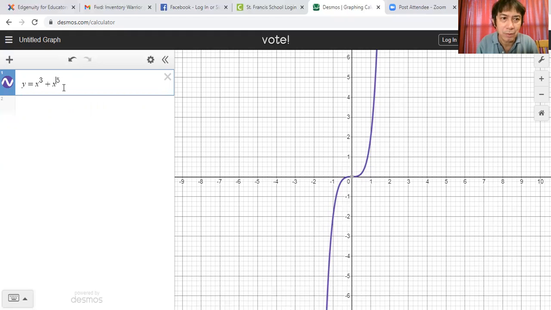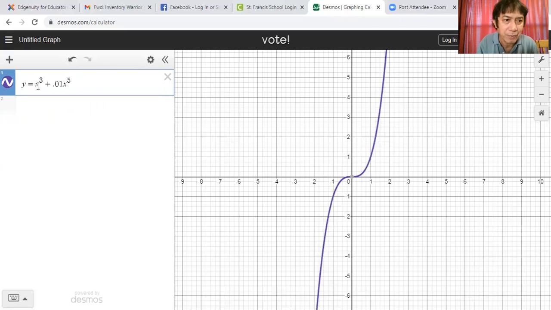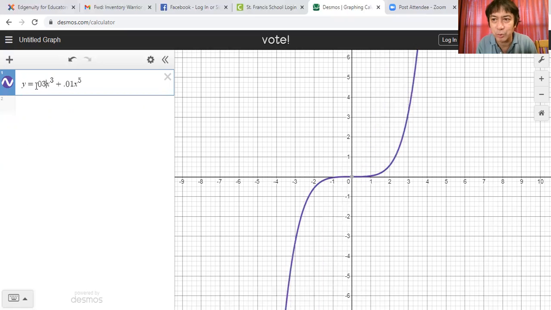You can put some coefficients there, 0.01 or 0.03, and it will not change the picture. All points in the first quadrant will have corresponding points in the third, like that. This is considered an odd function.